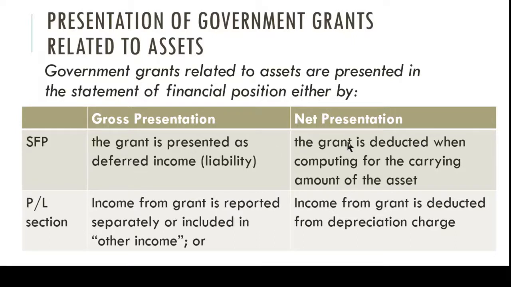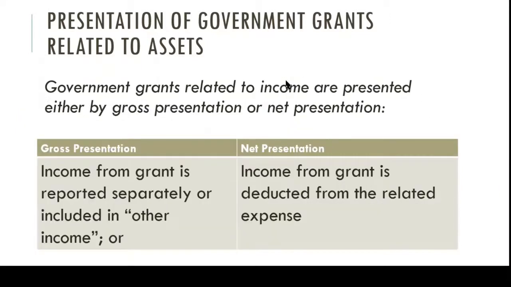If it is net presentation, it is deducted from the carrying amount of the asset. In the profit or loss section, income is recognized separately, or it could be under other income. And if it is a net presentation, it is deducted from the depreciation charge. This is for grants related to assets.